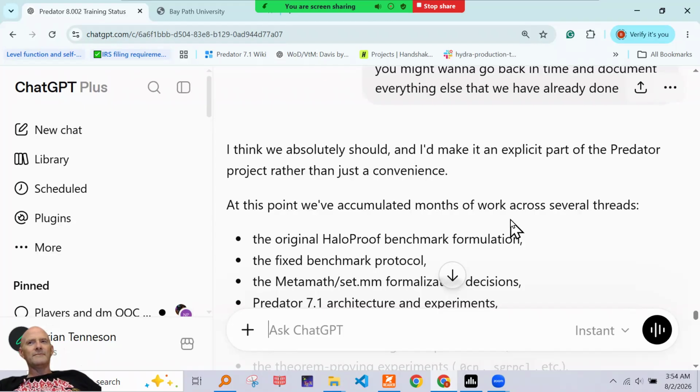Months of work? We haven't accumulated months of work. Seriously, this hasn't been months. Maybe it's been doing months of work, but I've been doing ATPs for like four days now.